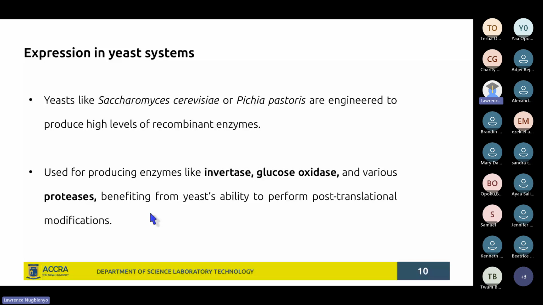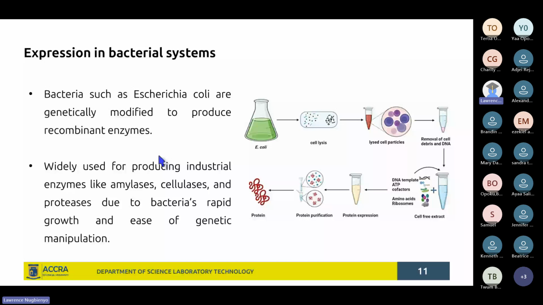Apart from these yeast systems, you can have it like what we did see with the recombinant DNA technology. What we did see there was, yes, particularly the use of bacteria, and the common bacterium used is like E. coli.